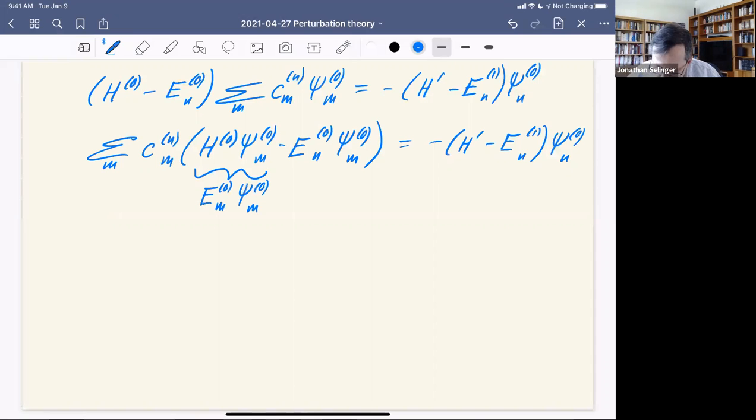So now we can simplify the left side a little bit more.